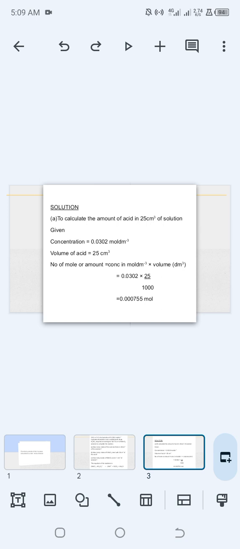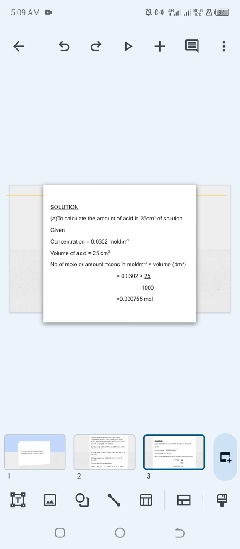You divide 25 by 1000 to have your answer in dm³. So the concentration, 0.0302, multiplied by the volume, 25, divided by 1000 to convert to dm³.